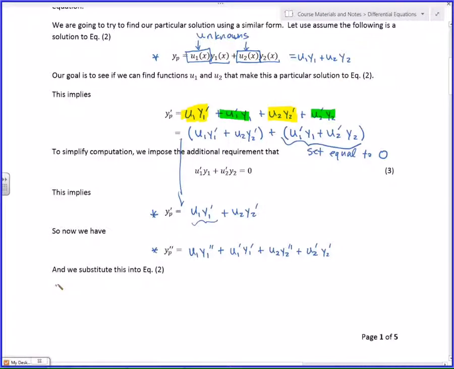So on the left-hand side, if I start with yp double prime plus p yp prime plus q yp, just plugging these 3 things in, I get u1 y1 double prime plus u1 prime y1 prime, plus u2 y2 double prime plus u2 prime y2 prime, plus p times yp prime, which will be u1 y1 prime plus u2 y2 prime, plus q times, make sure these are times, these aren't p of, that's q times and p times, u1 y1 plus u2 y2.